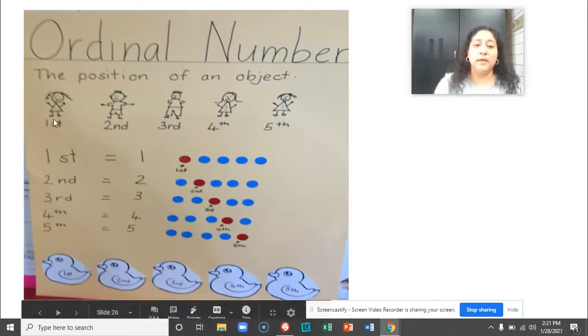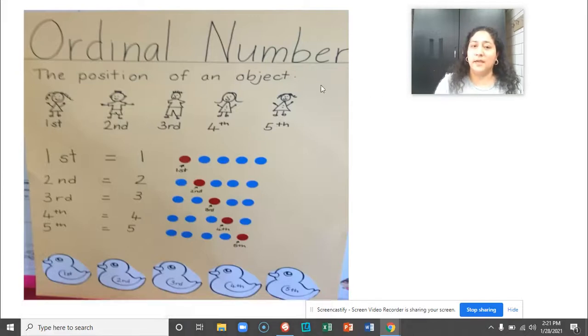So if you look over here in my poster that I drew, there are some kids in line, and they are in order, right? So ordinal numbers means what position are they? So what position are these kids in this line? Here we have a girl, and she's the first one. So that's her ordinal number, first.